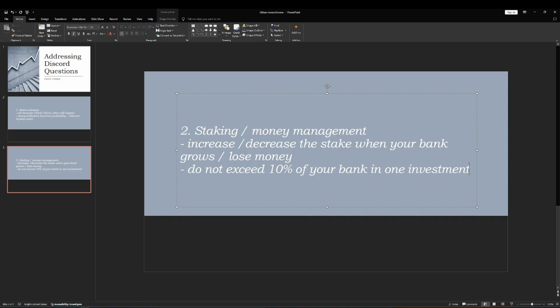And definitely in a trade, protect your bank first, remove the risk, and then try to secure the profits. Trading when you know that you can't lose is, from a psychological perspective, a very comfortable feeling.